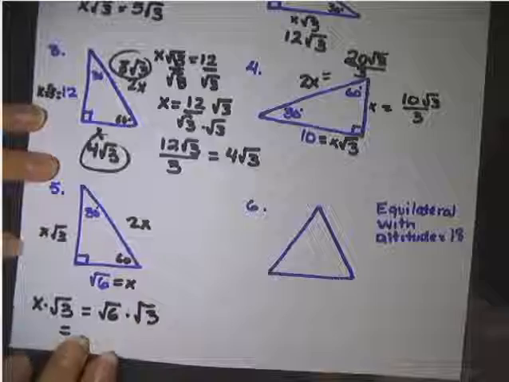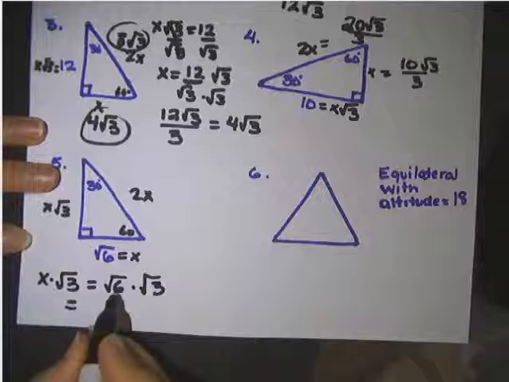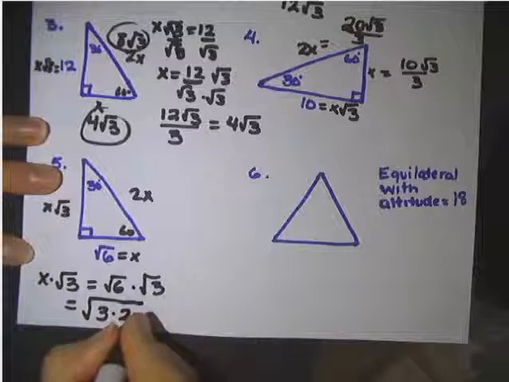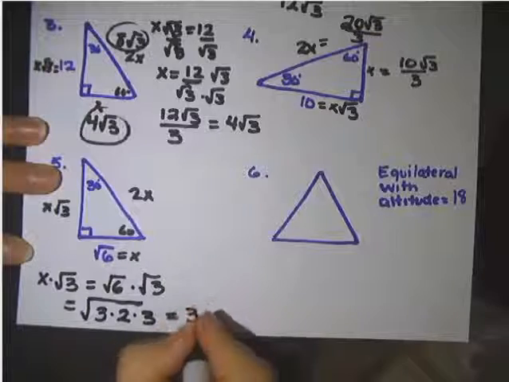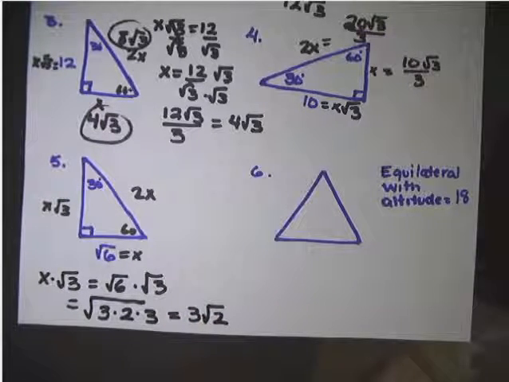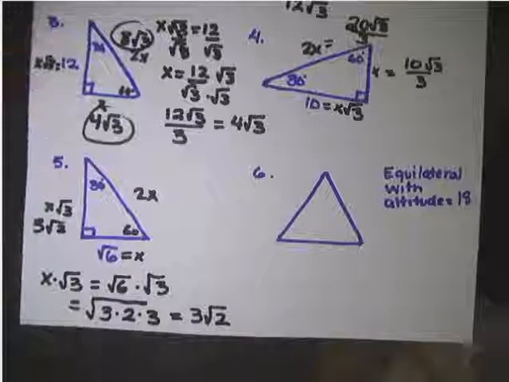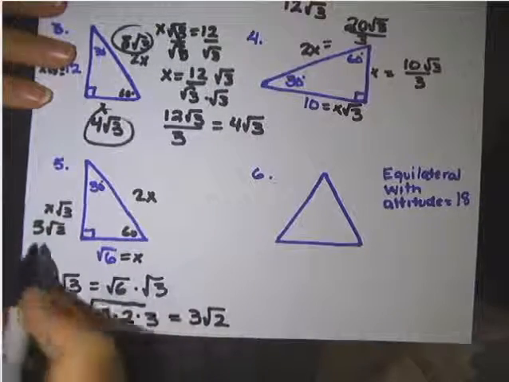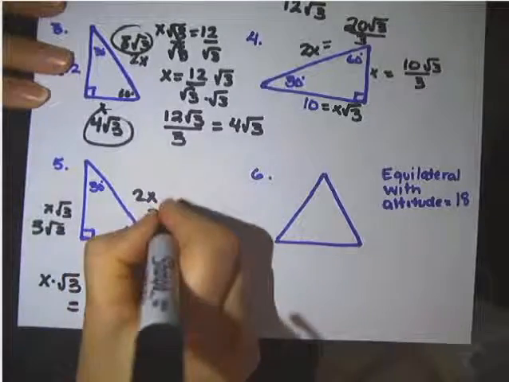And we can simplify these as you go. 6 is 3 times 2, so think of that in your factors, 3 times 2 times 3, and we're going to pull out a 3 from the square root of 18, and we have 3 root 2 as the simplified answer. Now what did we just find? We found the x root 3 side, which is over here. So this is 3 root 2, so don't let it throw you off that the root 3 side has a root 2 beside it, but it does. So if we double x to get 2x, you get 2 times root 6. 2 times root 6, 3 times root 2.